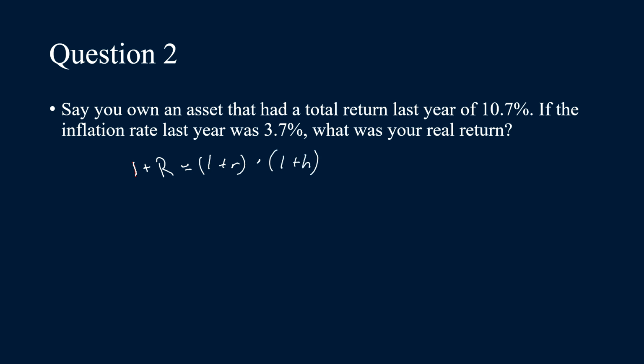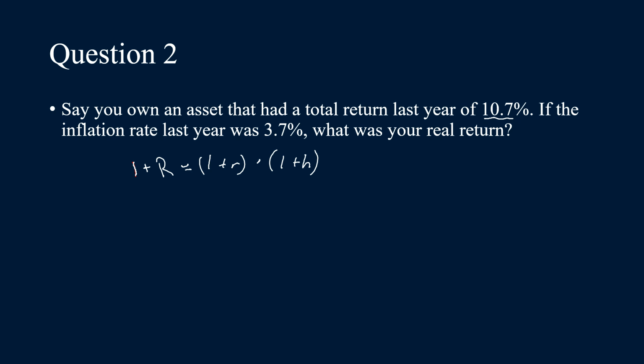Please excuse the writing. All right, so we just fill in the numbers. So we know what the total return last year was. The total return would be the same as your nominal return.